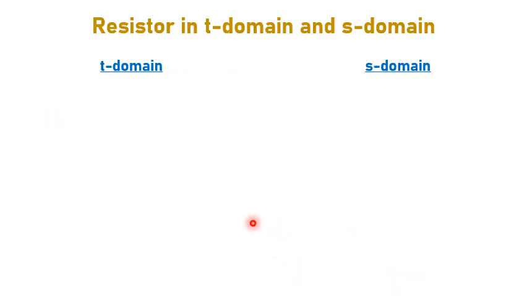Now let us see how to represent the resistor in time domain and frequency domain, because this will be helpful for analyzing the transients. So for a resistor, the voltage across the resistor is V of t, current flowing through the resistor is I of t.